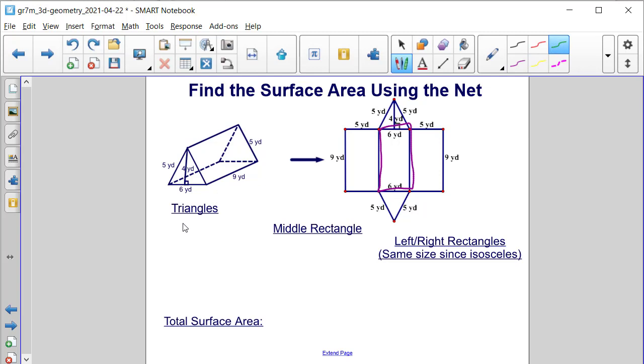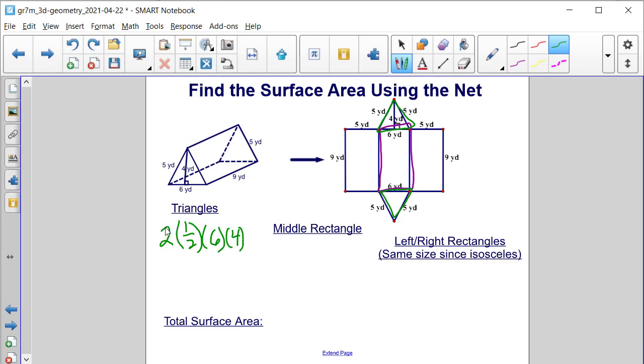So let's start with the 2 triangles, which are our 2 bases that we have. So we have 2 triangles, and the area of each one is going to be 1/2. The base is 6 yards, and the height is 4 yards.